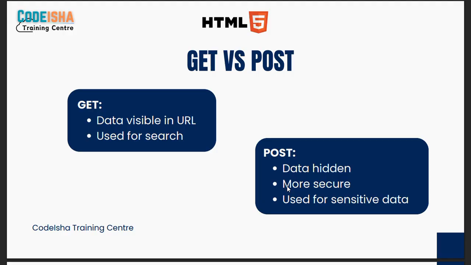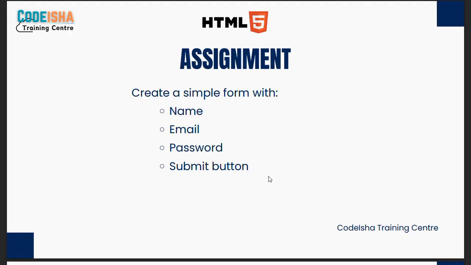And coming to the assignment based on today's topic, let's try to create one simple form with four elements: name, email, password, and a final one, the submit button. Let's create this form using the form tag and adding these three elements with the submit button.